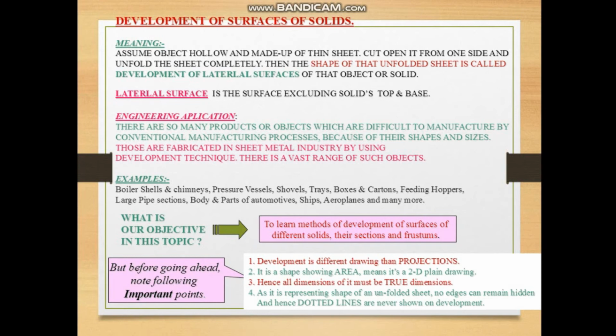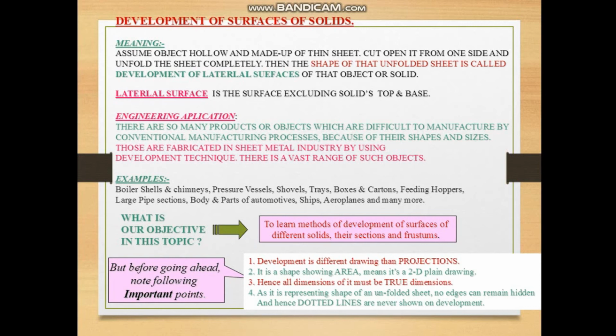Those products are fabricated in the sheet metal industry using the development technique. Examples are boiler shells, chimneys, pressure shells, shovels and trays. These products are first developed in sheet metal and then finished using other techniques.